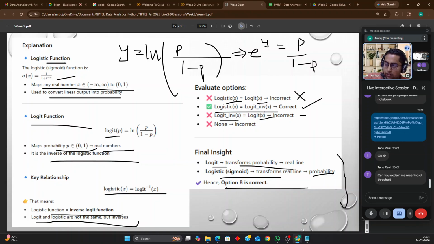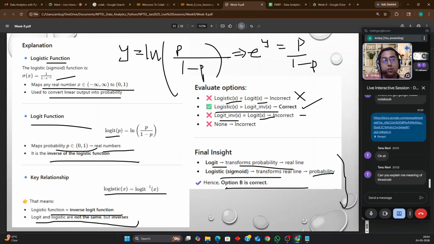Suppose I have set the threshold as 0.5. If the probability coming from the model is 0.49 or 0.3, the model will label that value into one class, suppose class 0.